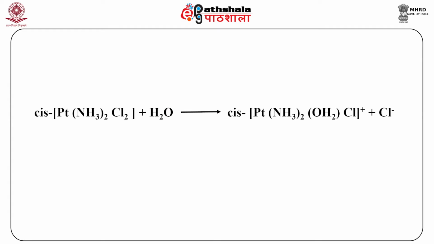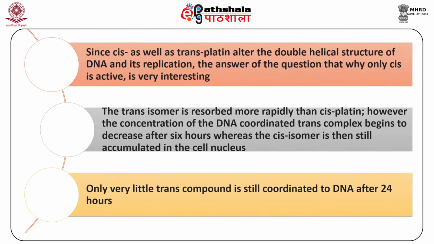The hydrolysis reactions of cisplatin are an important aspect of its biological activity. Since cis as well as transplatin alter the double helical structure of DNA and its replication, the answer to the question of why only cis is active is very interesting. The trans isomer is hydrolyzed more rapidly than cisplatin.